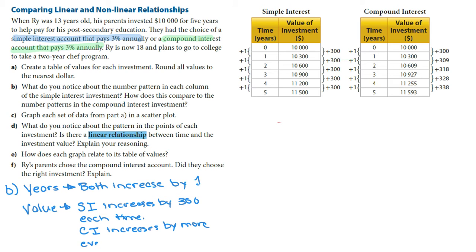So in the first year it increased by 300, and in the second year it increased by 309, and then 318, 328, and then 338. Okay.